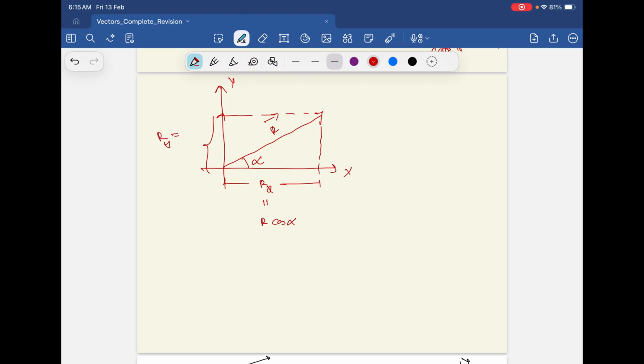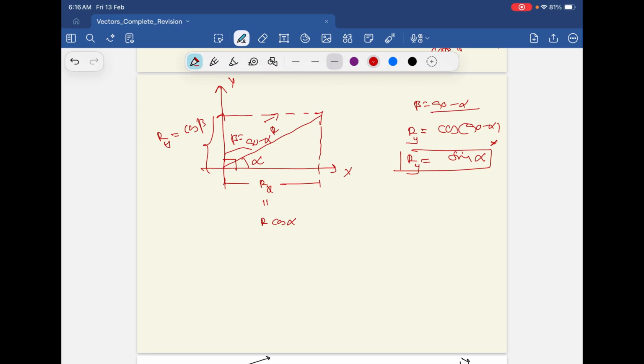This angle is 90 minus alpha, so you can also write r cos beta, where beta is 90 minus alpha. Cos of 90 minus alpha is sin alpha. Remember this formula in mathematics. This is the y component, r sin alpha.